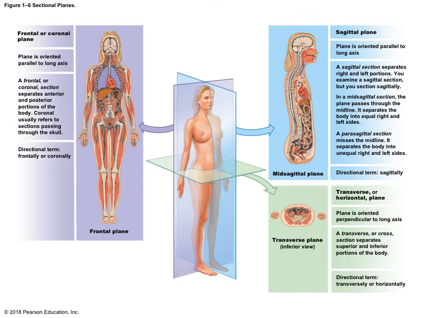Now let's take a look at sectional anatomy, and we're going to start by looking at planes and sections. So there are 3 different planes, and those planes will divide the body up into different sections. So the 3 planes are the transverse plane, the frontal plane, and the sagittal plane.